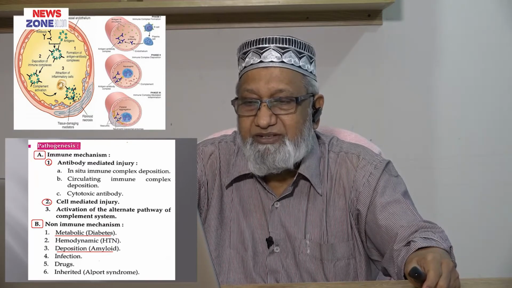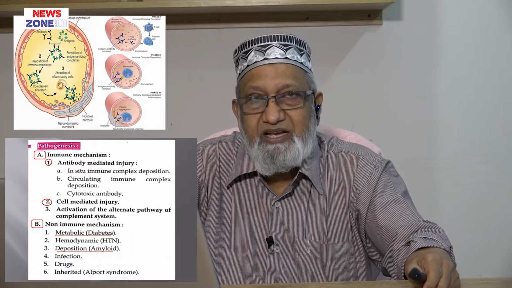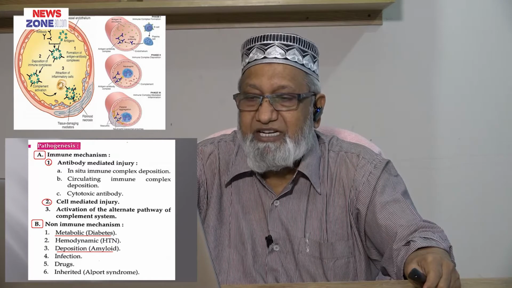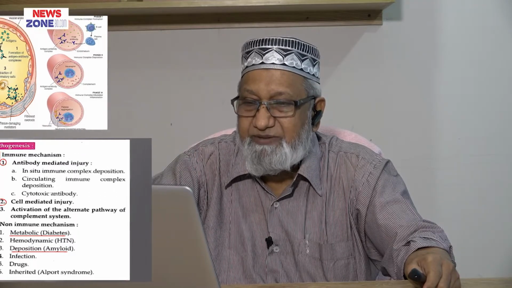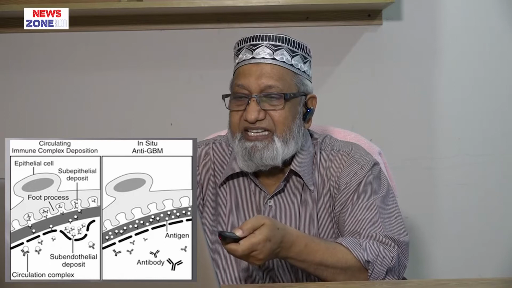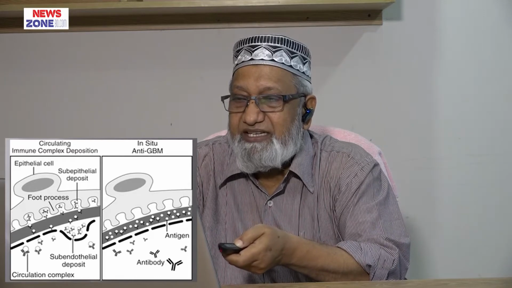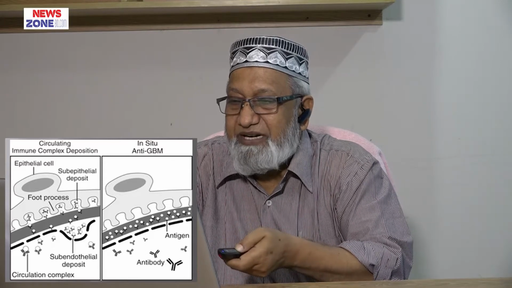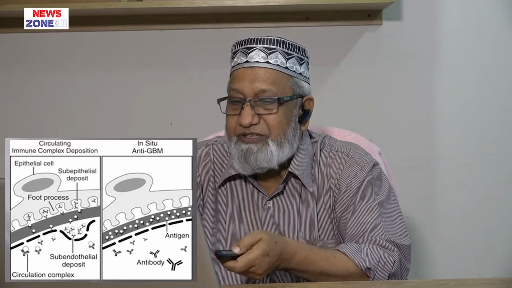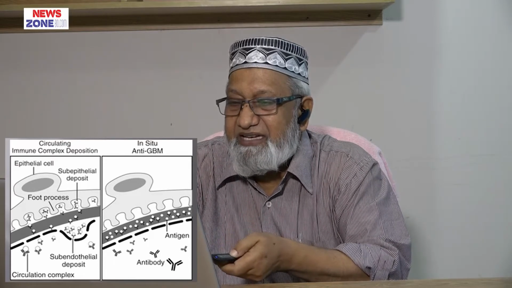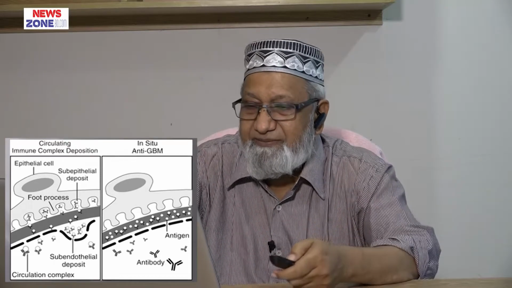Non-immune mechanisms include diabetes mellitus, hypertension, deposition of amyloid, and sometimes drugs cause injury. The circulating immune complex deposits in the subendothelial area, and sometimes the glomerular basement membrane. In situ anti-glomerular basement membrane antibody: the antigen in the glomerular basement membrane and antibody form a complex.